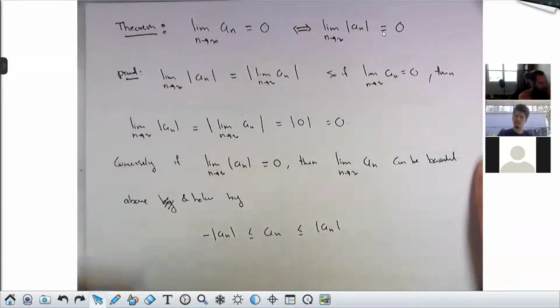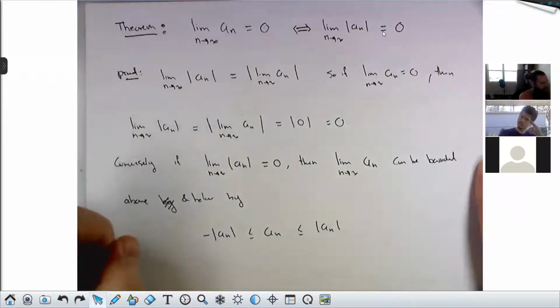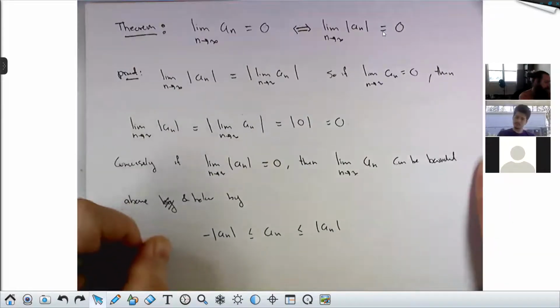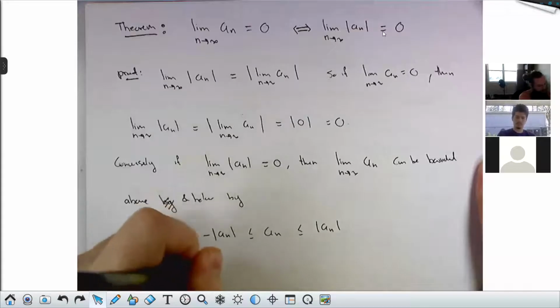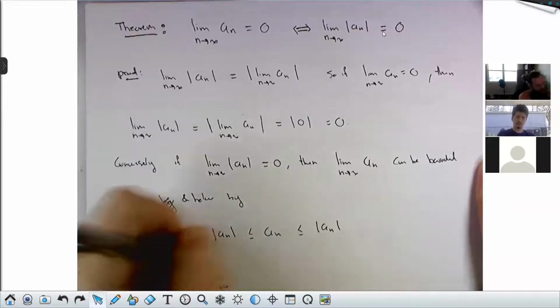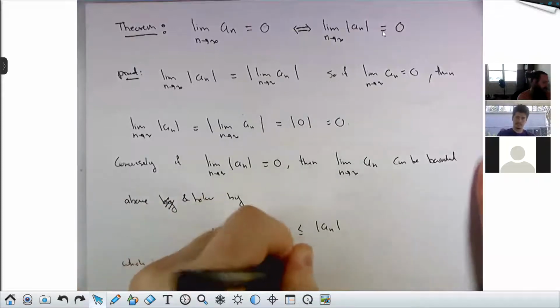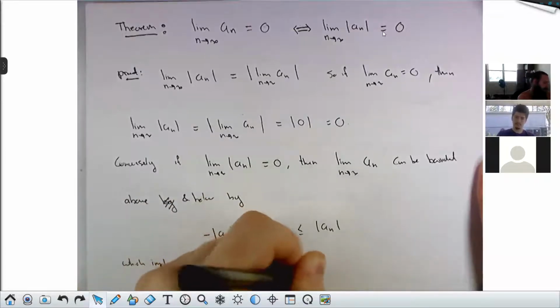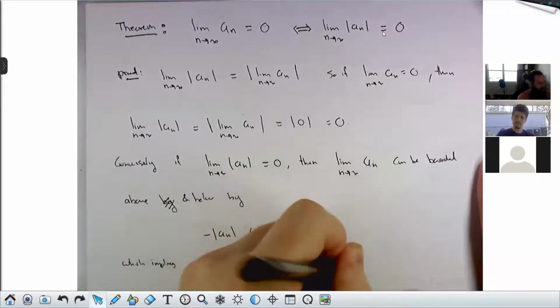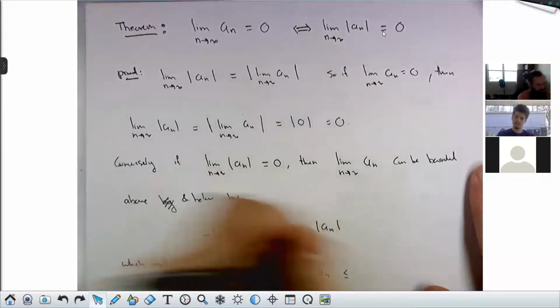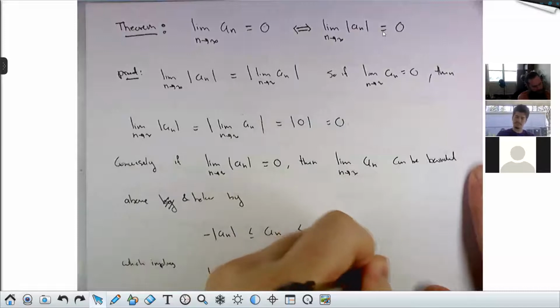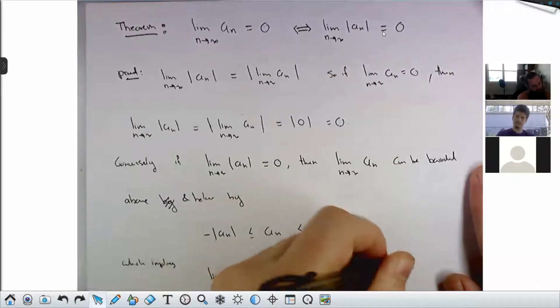And then you take limits everywhere, which implies the limit of negative abs a_n is less than or equal to the limit of a_n itself, which is less than or equal to the limit of abs a_n.